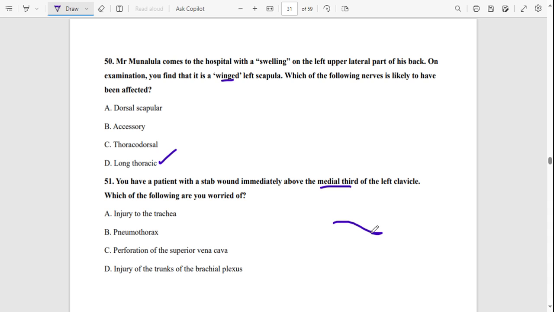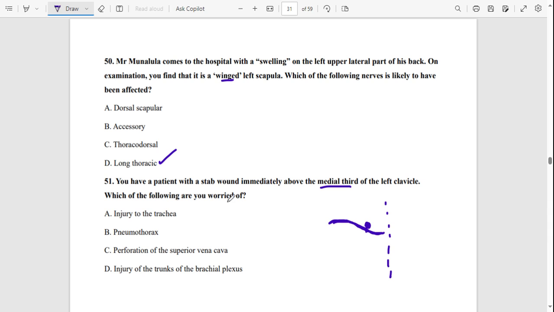Say here is the clavicle, and then the stab is on the medial third. Say the medial third is somewhere here, because we're talking about medial, here is the midline. Just above, so just on top, somewhere here, on the left clavicle.